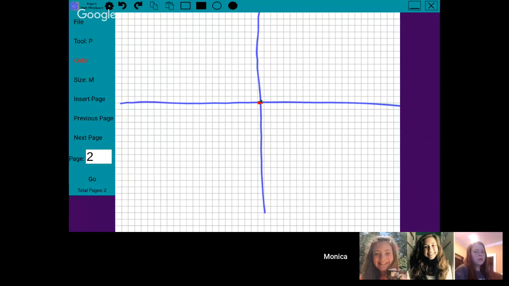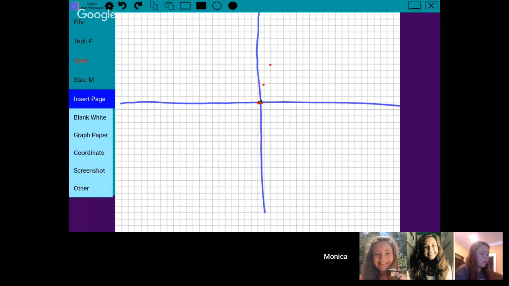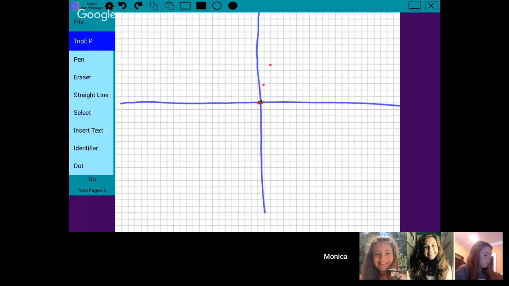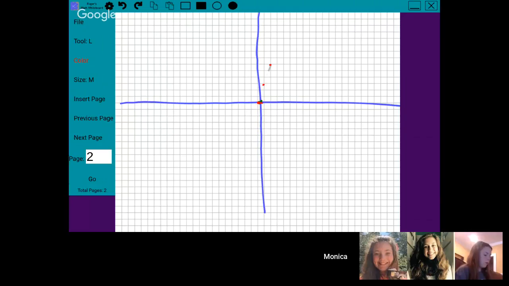And I need to graph something with a slope of 3. I'm going to go up 1, 2, 3, and over 1. And then up 3 and over 1, like this, okay? So my line's going to look something like that, okay?